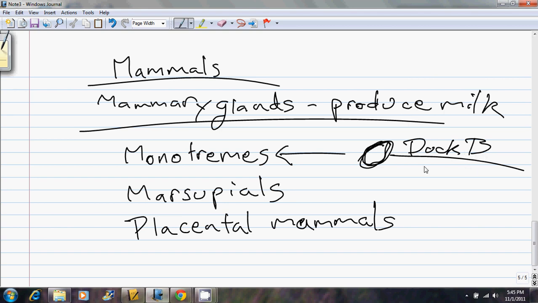Now marsupials, you're going to find, their offspring are actually raised inside of a pouch. And I'm not talking about it giving birth to a fully functioning baby, but the marsupials will still have the embryo inside the pouch developing. So if the baby were to be taken out of the pouch, it would die. Whereas if you had a human baby, and you had like a bag or something, you put the baby in to keep it warm.